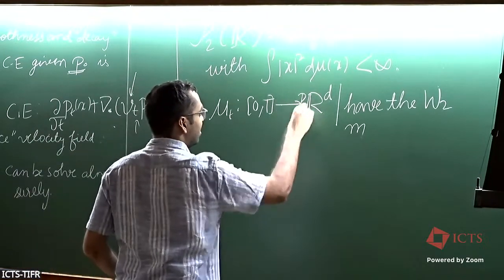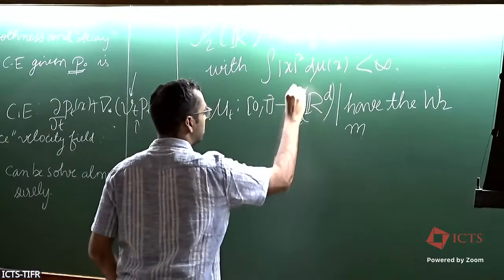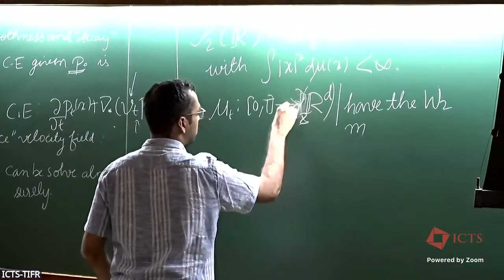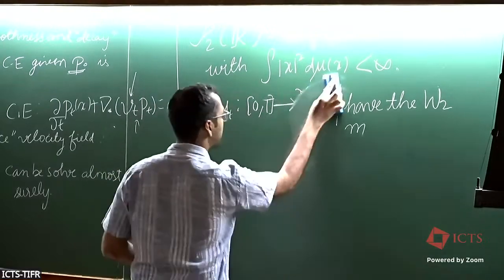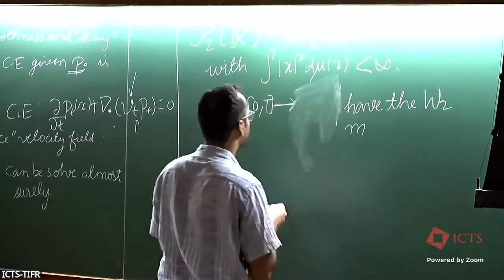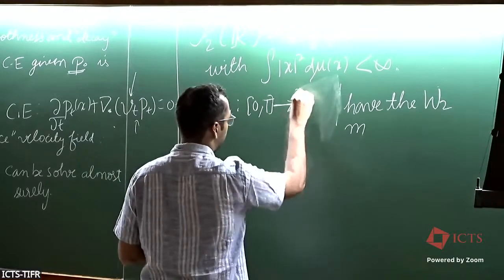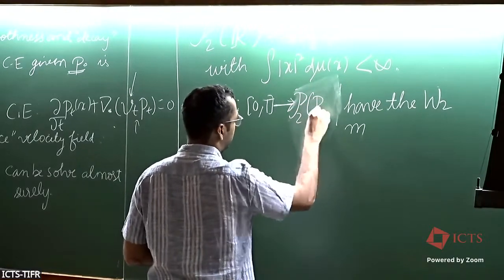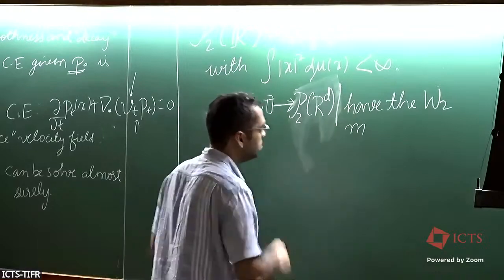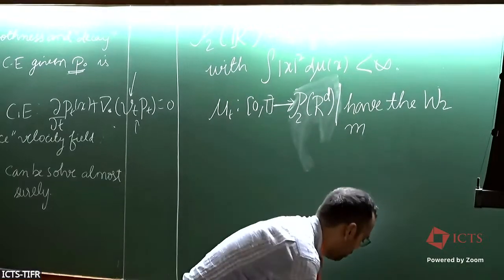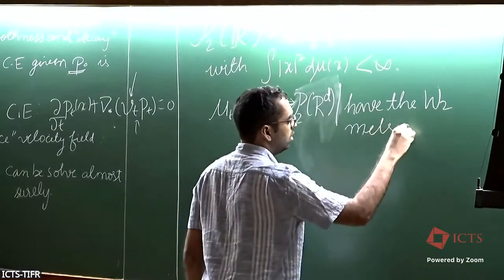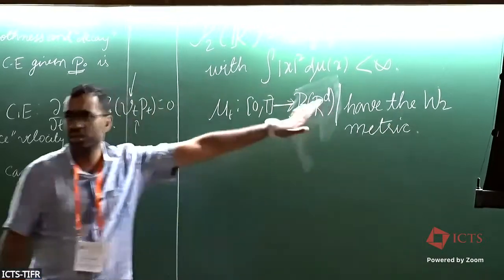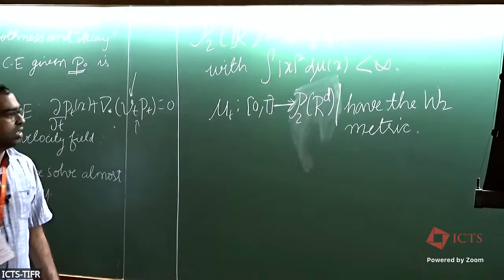You're very right. We think of it with the topology of the W2 metric. We can indeed show that W2 is a metric on the space and so on.